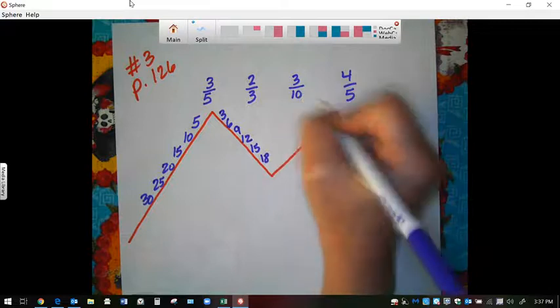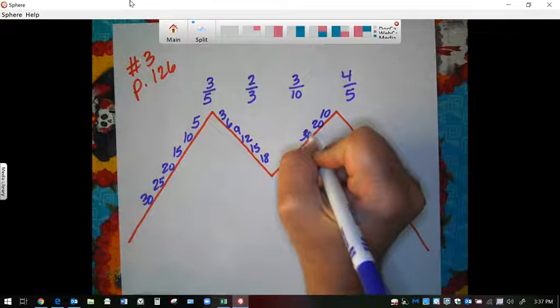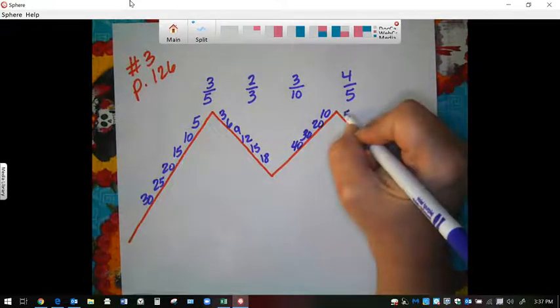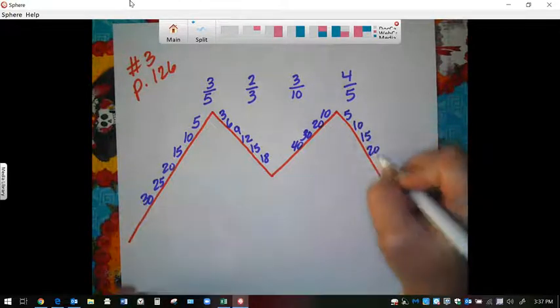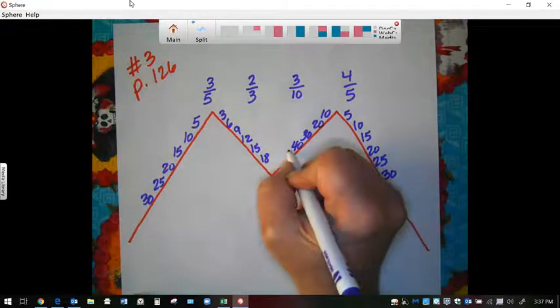And then our multiples of 10: 10, 20, 30, 40. And our multiples of 5s again. 5, 10, 15, 20, 25, 30. And here I'll write 15.